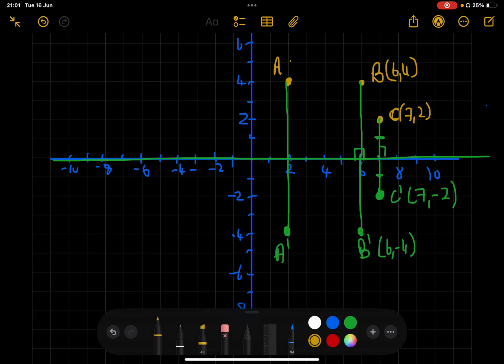And for A, the original A was 2, 4. Now A prime, so that means A with this little dash, the x value stayed the same, and the y value changed. Okay, so here we got C prime, B prime, and A prime.